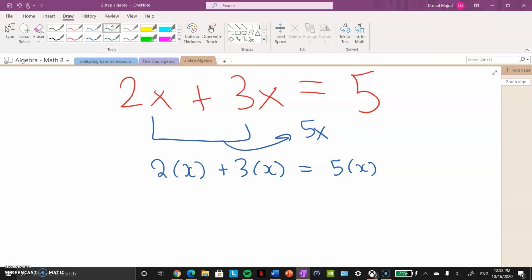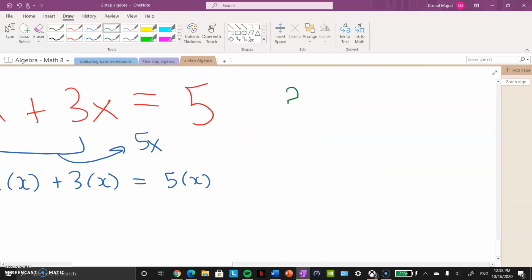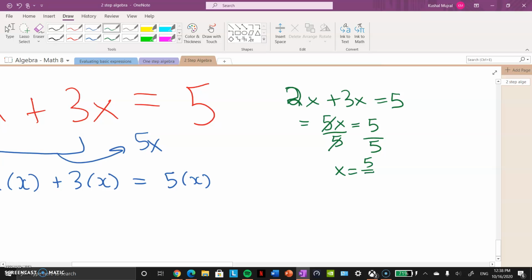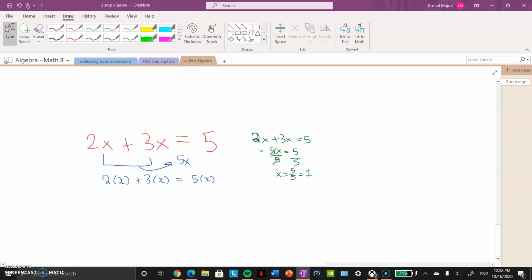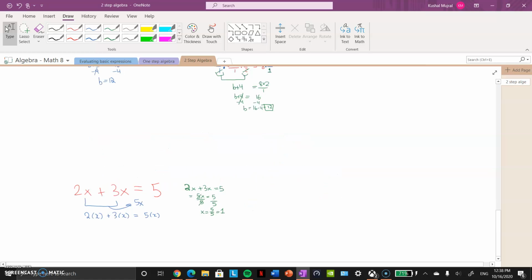So what this basically means is 2x plus 3x equals 5. I can write this as 5x equals 5. And I can divide 5 from both sides to get rid of that 5. And x equals 5 over 5, which is just 1. Okay? And that's two-step algebra.